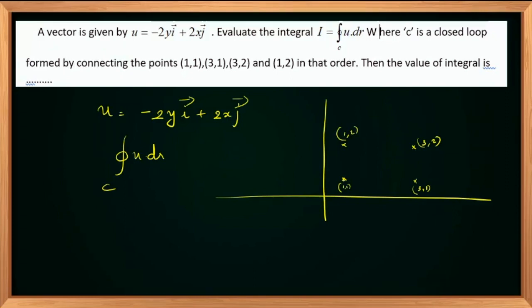Okay, so it's actually a rectangle. This is a rectangle in this particular order. They have also mentioned the order. This is a closed loop. So what is the value of the integral?